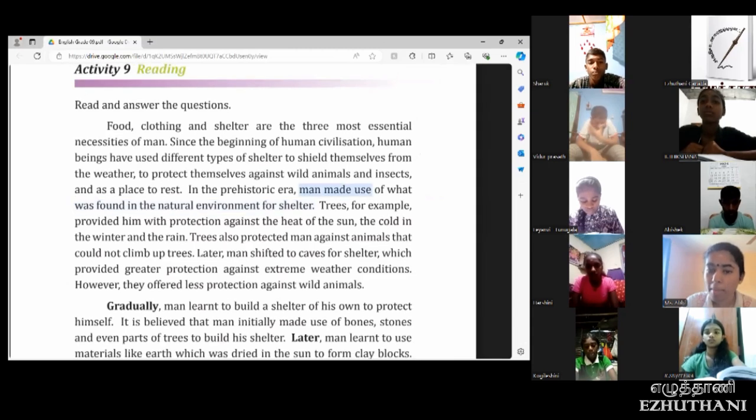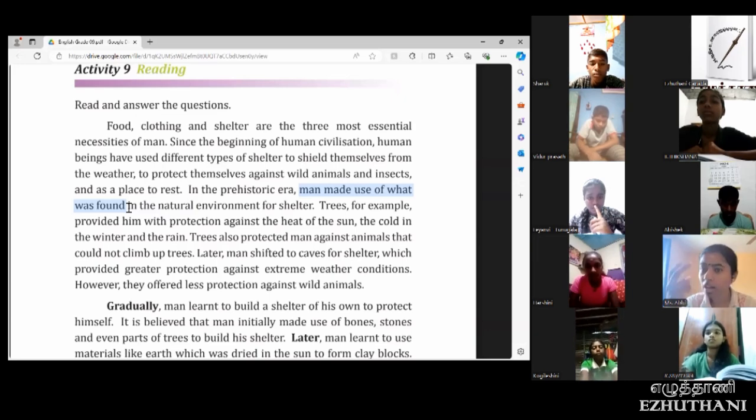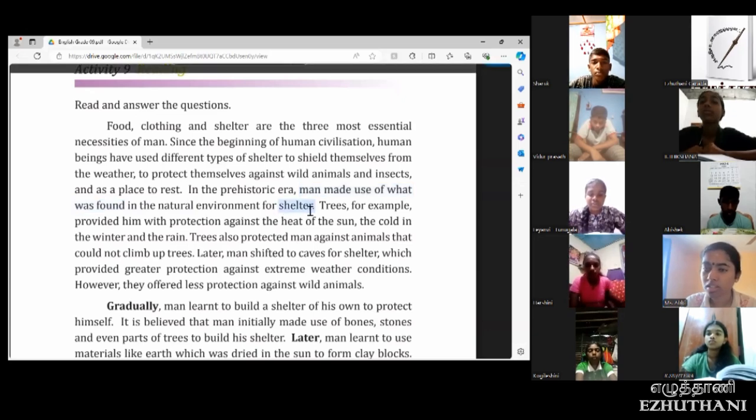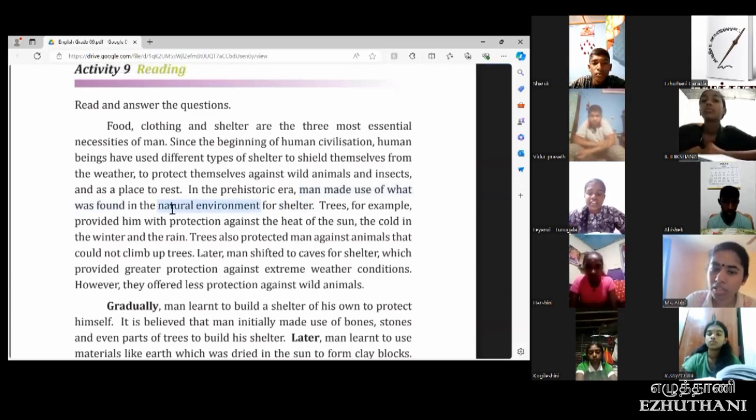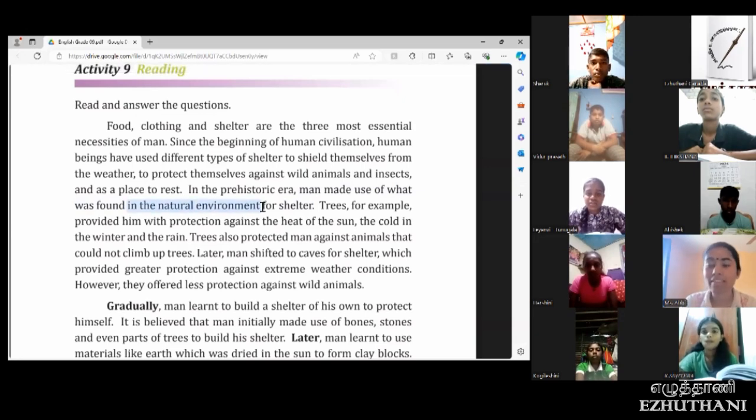So man made use of what was found. என்ன கண்டுபிடிச்சாங்களோ அதை அவ பாவிச்சாங்க. எப்படி பாவிச்சாங்க? For shelter. எங்க இயற்கையா கண்டுபிடிச்சு இயற்கையான சொல்லுங்க. உடைகளுக்கு இயற்கையான உடை இல்லமா, man made use of what was found in the natural environment.